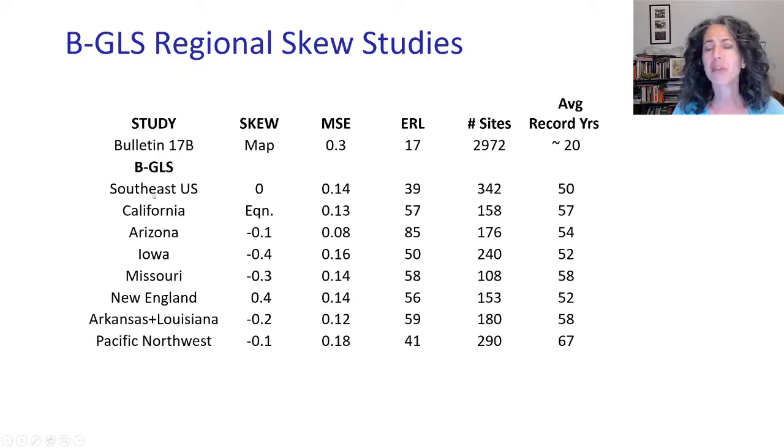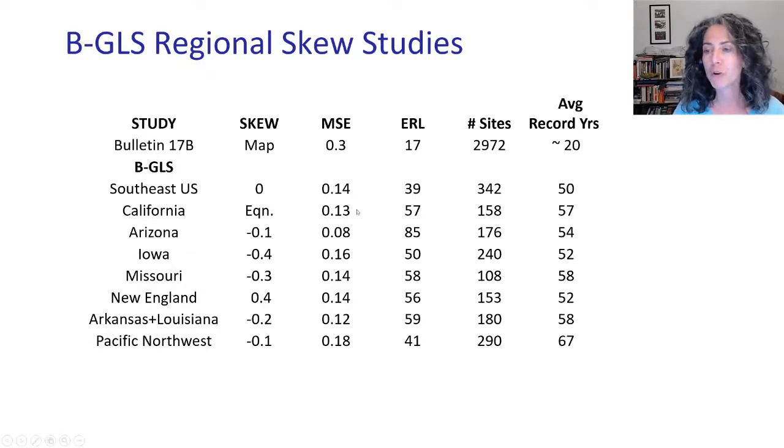Now, here are several of the regional skew studies, and another really interesting outcome is that of all of these studies, the only one that produced a regression equation other than a constant was California, and it was based on watershed elevation.